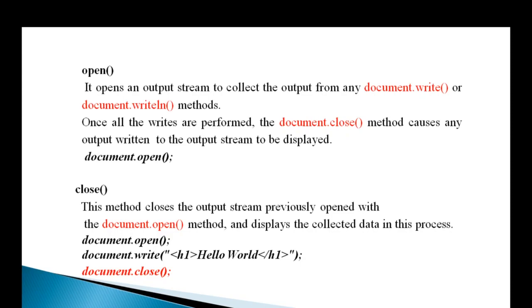Next method is the close method. This method closes the output stream previously opened with document.open. Without an open method, we can't close the document. And it displays the collected data in this process.